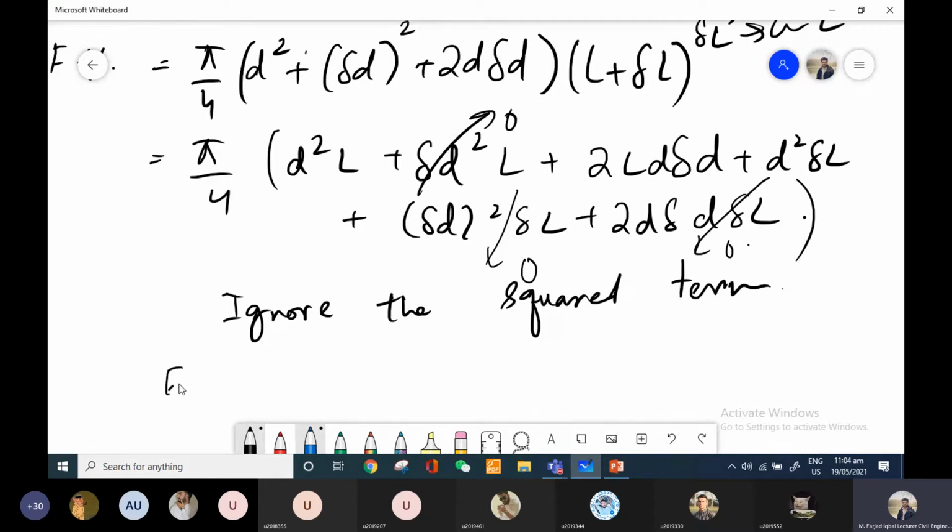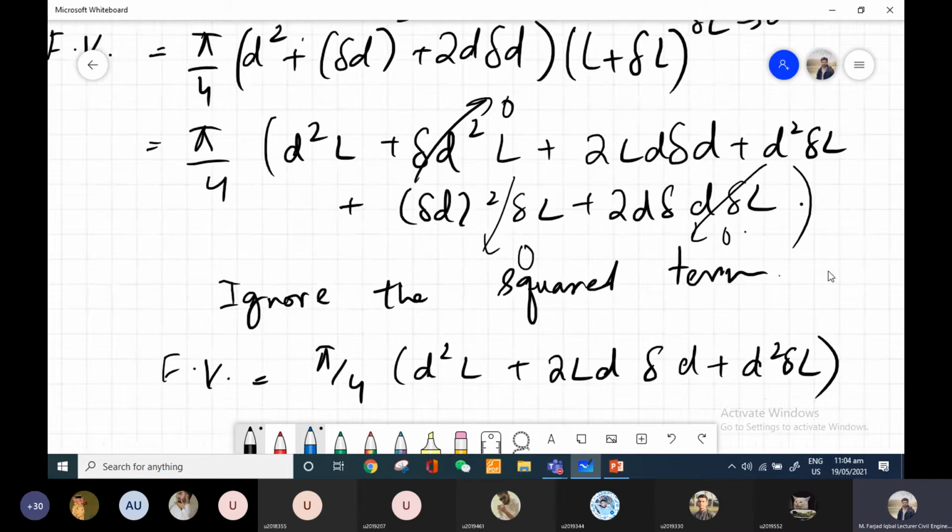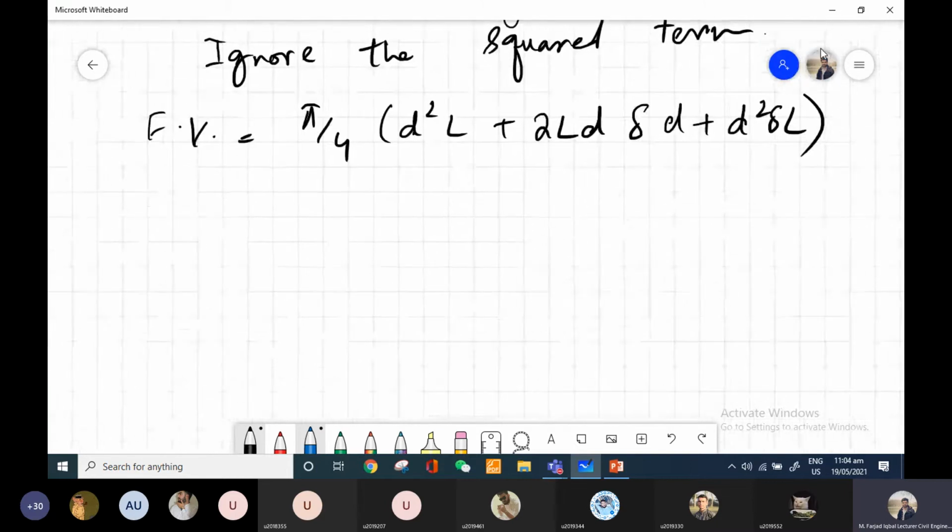What I will be left with is final volume equals pi by 4 d square L plus 2LD delta d plus d square into delta L. So this will be my simplified expression for final volume.